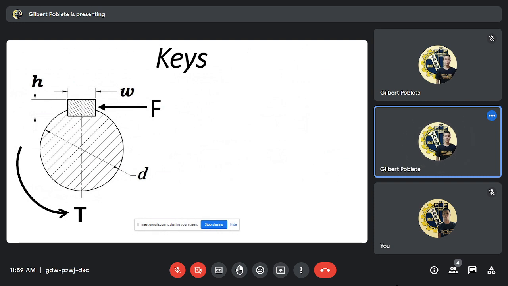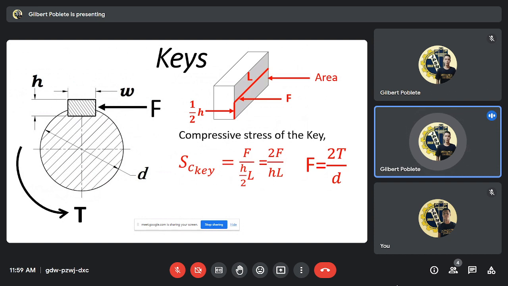Next. So dito meron naman tayong compressive stress ng key. So dito sa buong side niya lang dito. Buong area. So we have the half of the height times the length. So makuha natin yung compressive stress ng key sa force over the half height times length.